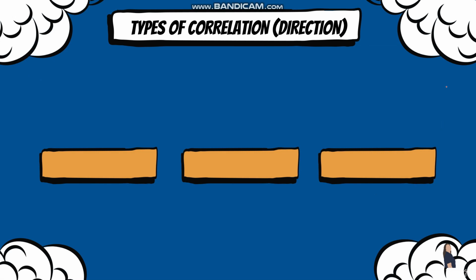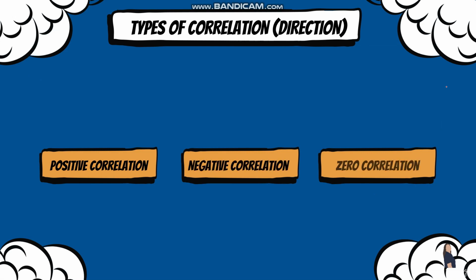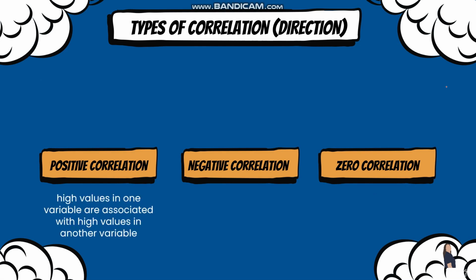So let's discuss first the types of correlation when it comes to direction. We have three: first is positive correlation, we have negative correlation, and zero correlation. For positive correlation, high values in one variable are associated with high values in another variable. We can also refer to this as our variables having direct proportion.